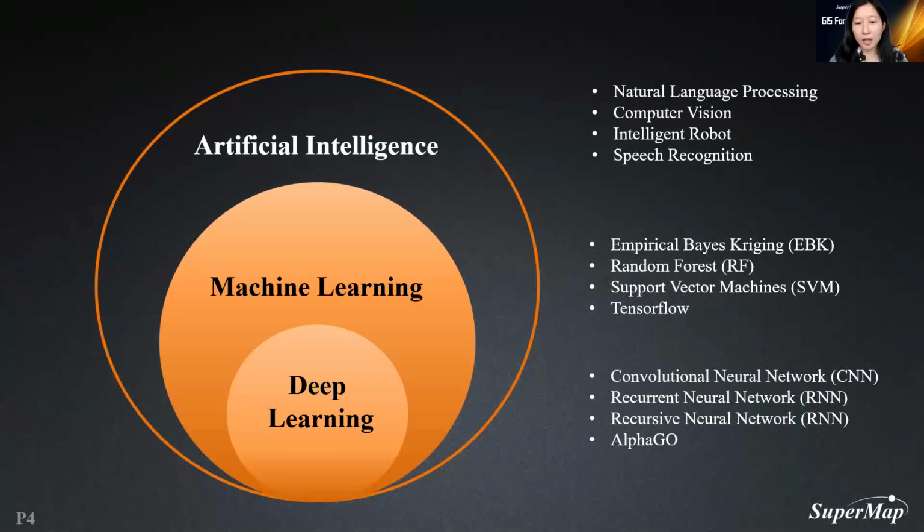And deep learning is a subset of machine learning and contains multiple neural network algorithms such as CNN or RNN. Its appearance makes people more confident about the bright future of AI.